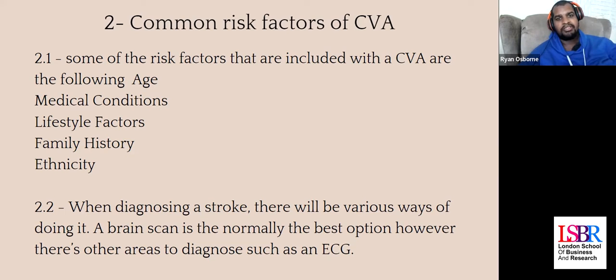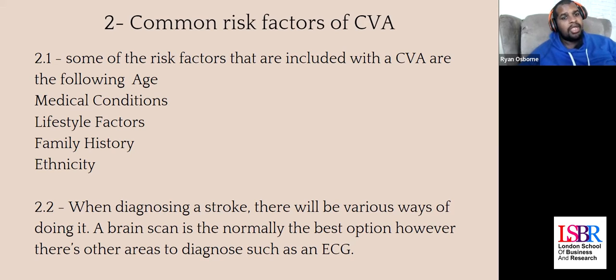You may find that someone has a stroke based on how much alcohol they have drunk within a month, a year, or in a day. So you've got to look at those factors and see why they have had that stroke. What is their lifestyle all about? What is their lifestyle doing for them?